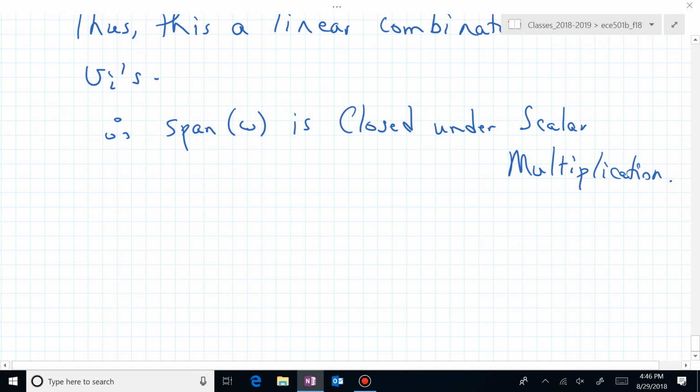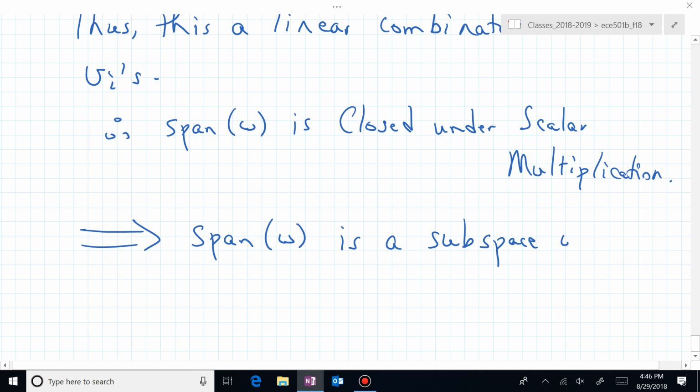And now we've shown all three parts, plus the fact that it was a subset. Or we now can say that the span of W is indeed a subspace of the original vector space V.